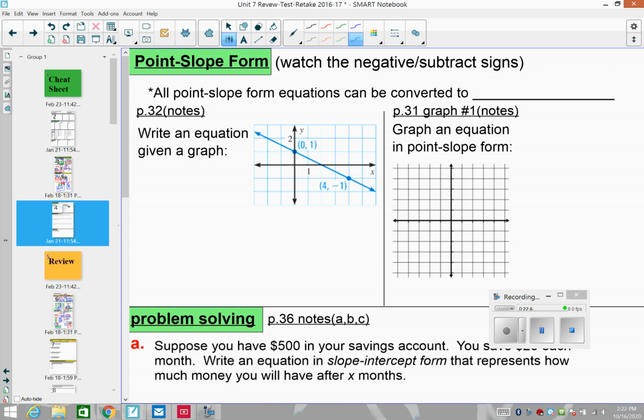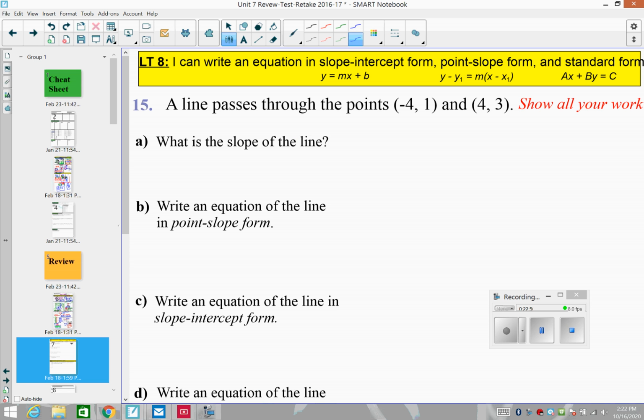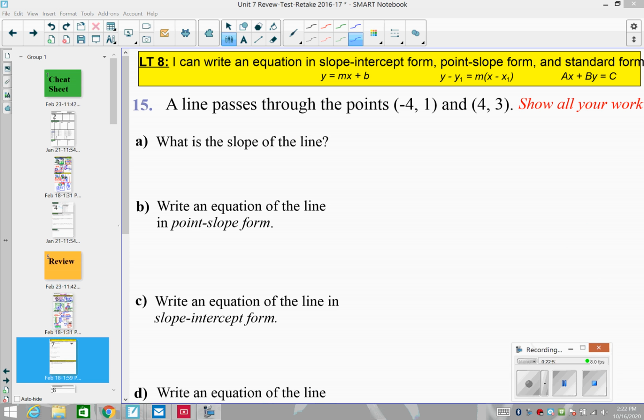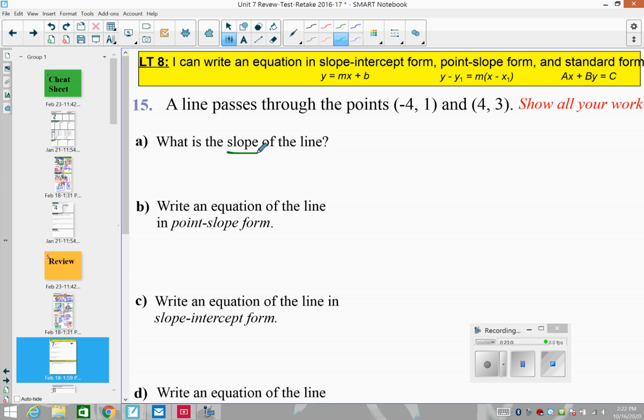All right, y'all. Here we go. A line, we're going to try to do all 3 methods now for the learning target, all 3 of the methods in this unit. A line passes through the points (-4, 1) and (4, 3). What is the slope of the line? Step 1. So I'm going to set it up in a table.